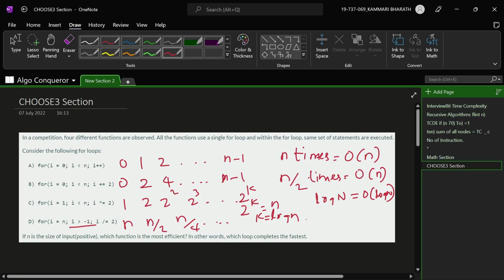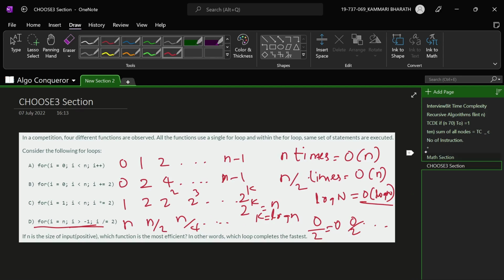No, it can't be, because n goes on reducing, and when it reaches 0, 0 by 2 is 0, and then 0 by 2 is also 0. It goes in an endless loop. So this loop goes forever. It doesn't end. So which loop is the most efficient one? Yes, this third one is the most efficient one.